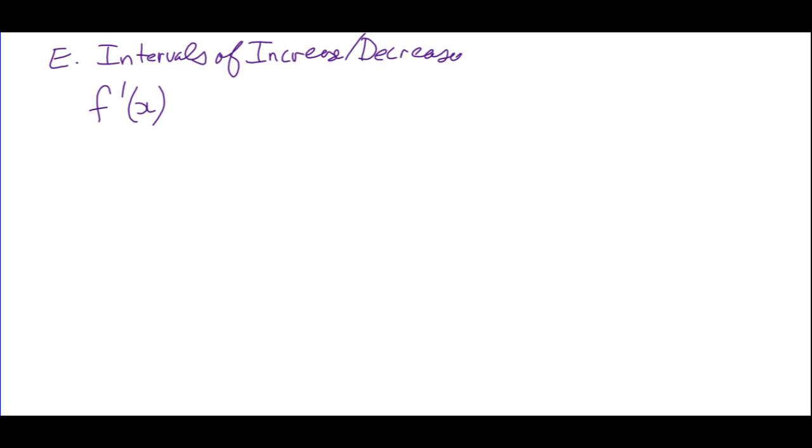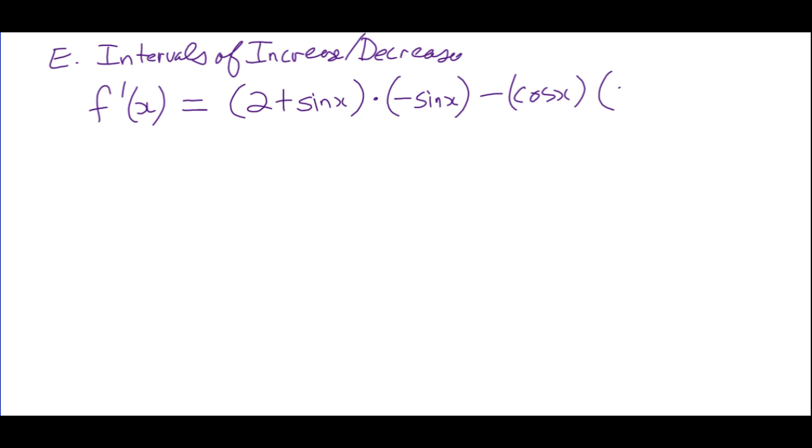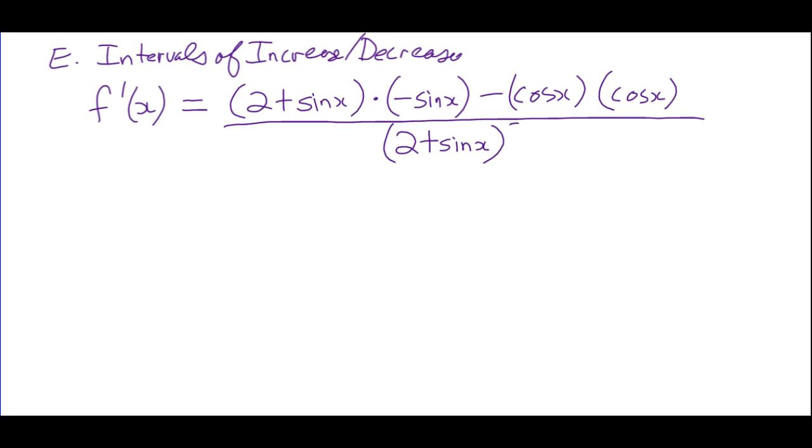Well, it's a quotient, so it's the numerator times the derivative of the denominator, which is minus sine x, minus the denominator, which was cos x, times the derivative of the numerator, which is cos x, over the denominator squared.